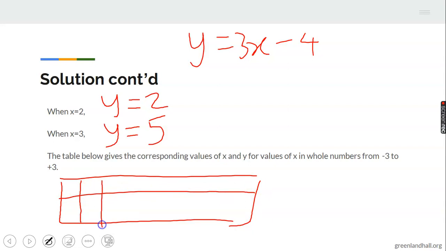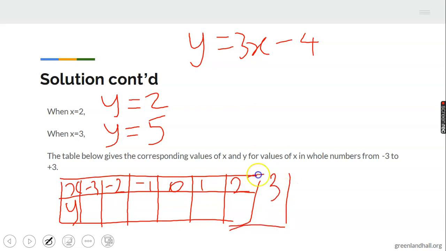Don't forget, what we are dealing with is just a linear equation, and it's a single equation. You have x as minus 3, minus 2, minus 1, 0, 1, 2, 3. And what are your y values? Minus 13, minus 10, minus 7, minus 4, minus 1, 2, and 5.